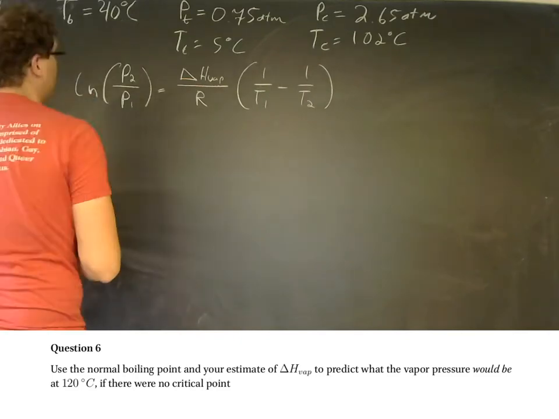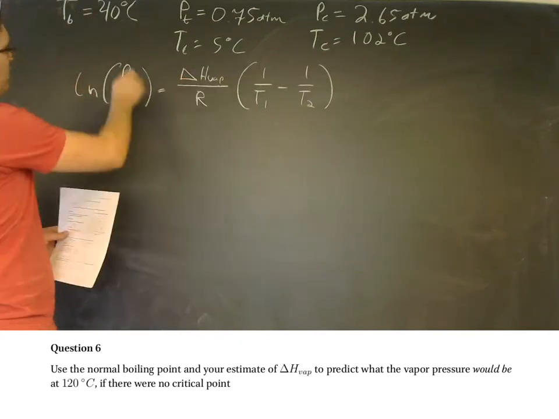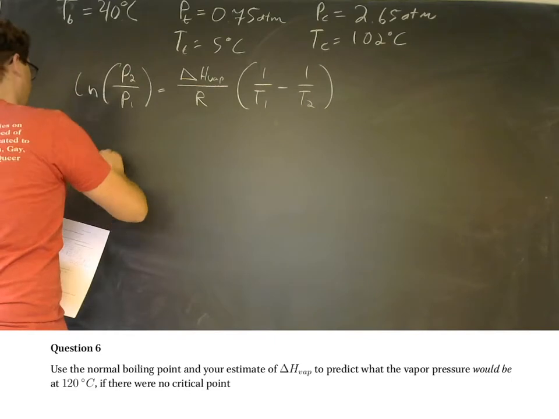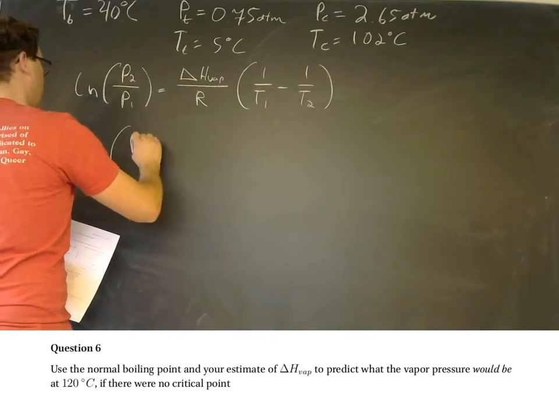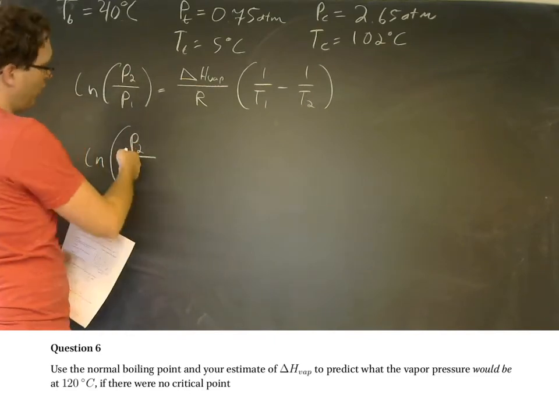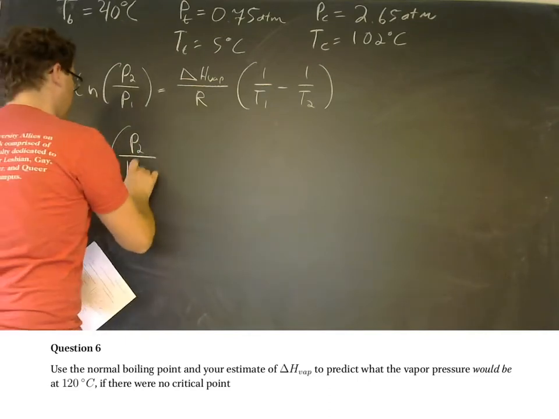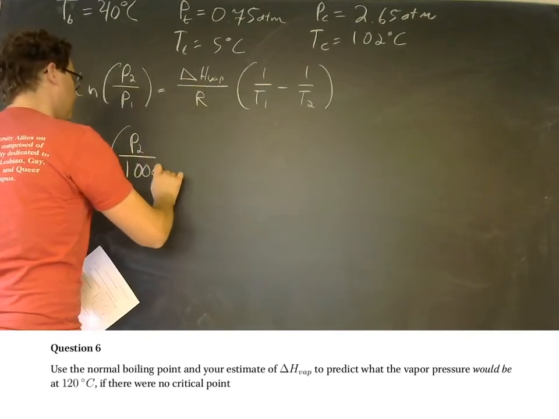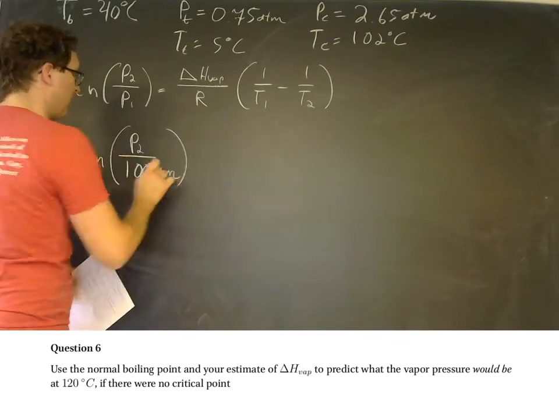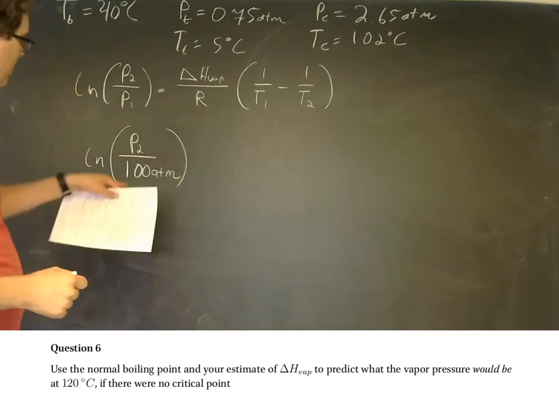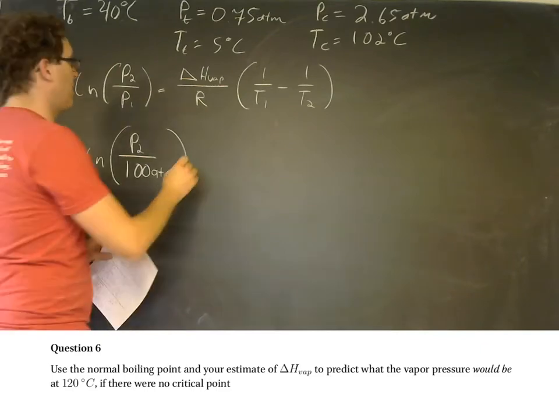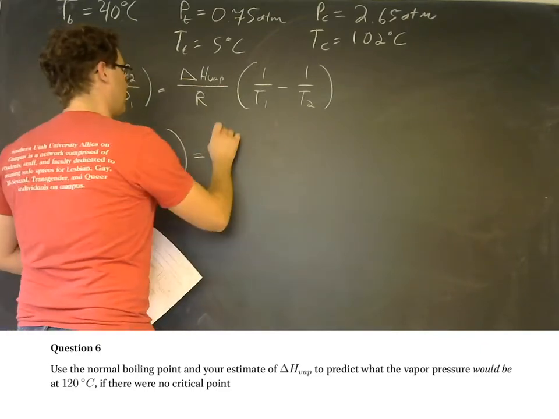Well, this time we know the enthalpy of vaporization. We're looking for P2. We'll have the natural log of P2 over the pressure at the normal boiling point, which is going to be 1.00 atmospheres.